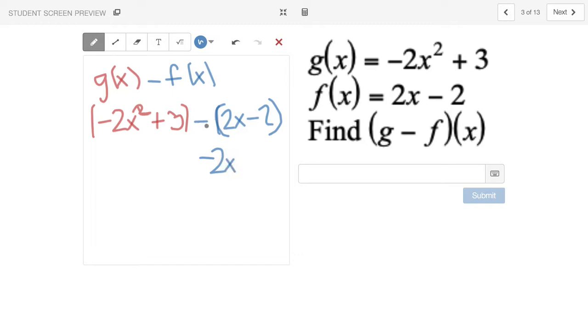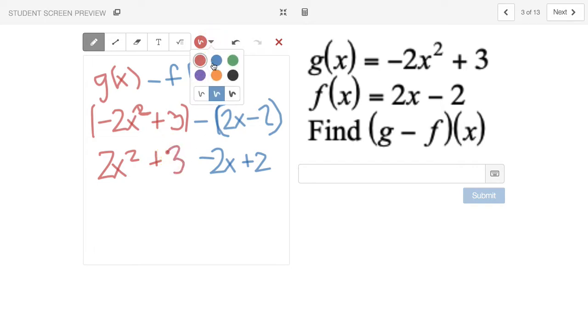And if we are subtracting a negative 2, then that's going to become positive 2, right? Minus a negative 2 will become positive 2. Then we just bring down the front as it is. So we have negative 2x squared plus 3.